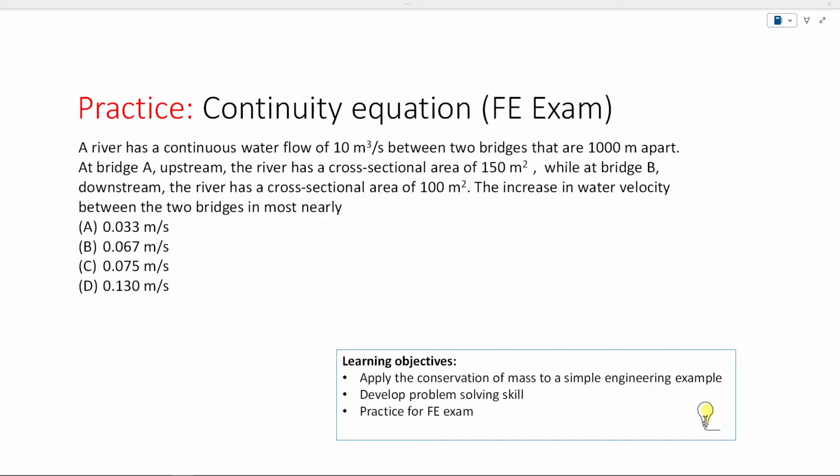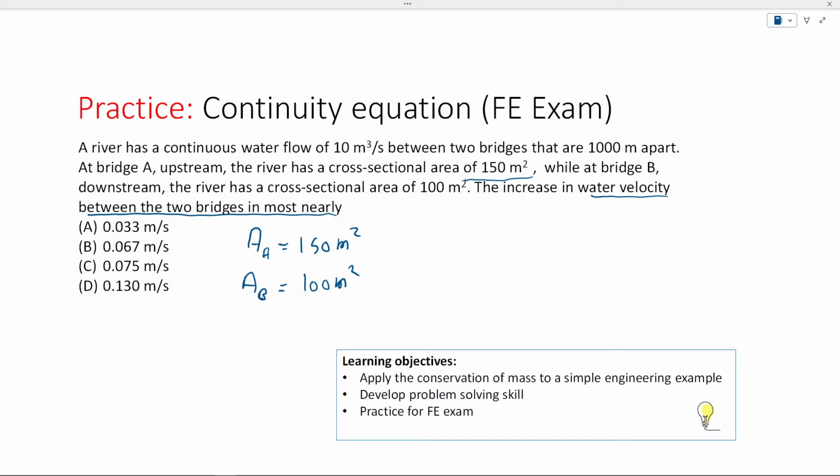The upstream river has a cross section, area 1 is given as 100 meter square, while at bridge B, downstream, it is given like 150 meter square. Now I'm asking what is the increase in water velocity between the two bridges. Read this problem carefully.